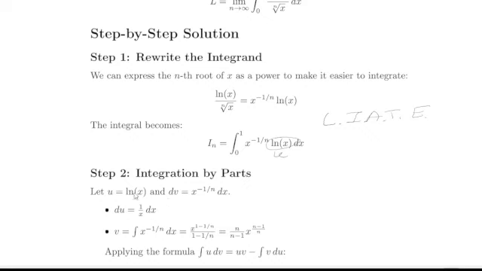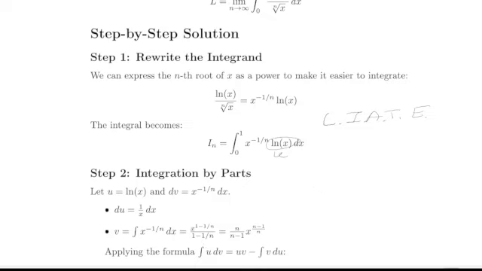The derivative of natural log x is 1 over x dx. And then we have to find the antiderivative of x to the negative 1 over n, which is just going to be using the power rule. We're going to add 1 in the exponent and divide by the new exponent. So that's just x to the 1 minus 1 over n over 1 minus 1 over n.